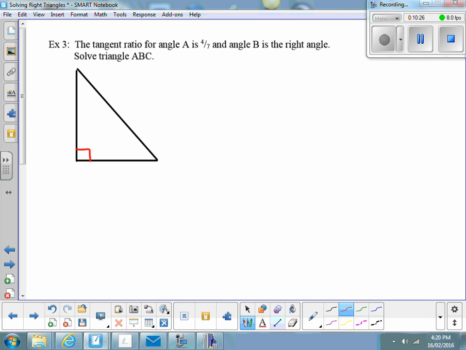So angle B is the right angle. Okay, so the tan of angle A is equal to 4/7. That's what we've got in this information here.